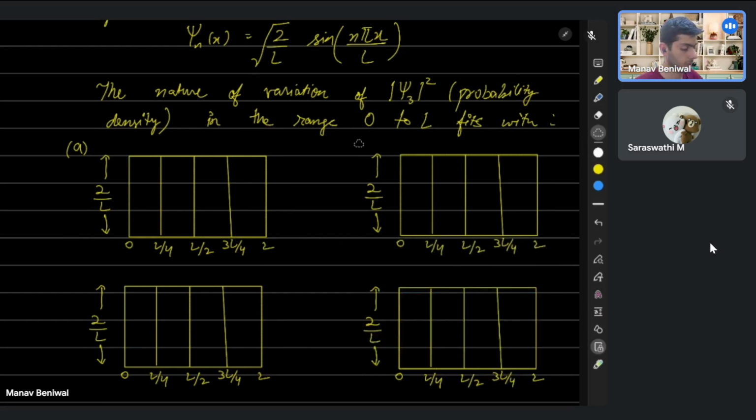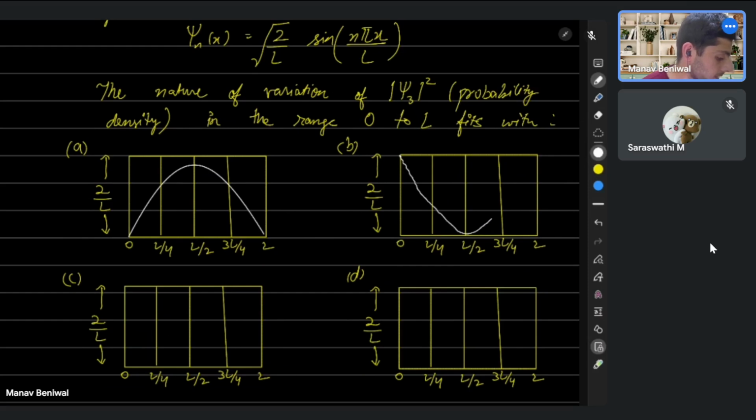Okay, good. Now these are options A, B, C, and D. And now let me draw the curves. So option A goes like this. Option B goes like this. Now C goes like this.